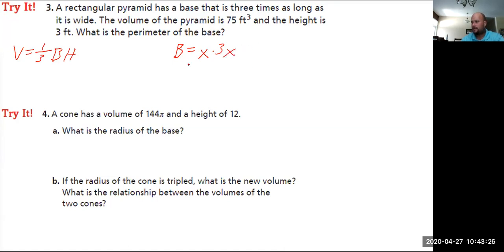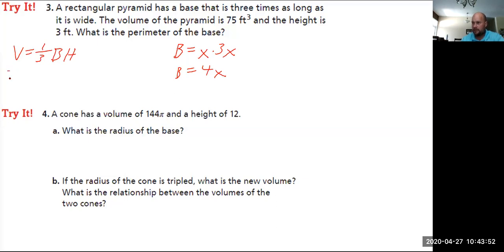So that means that the base area could be represented as 3x squared. Well, they told us some other information here. The volume of the pyramid is 75 feet cubed, and the height is 3 feet. So we can go ahead and plug into our volume equation here.